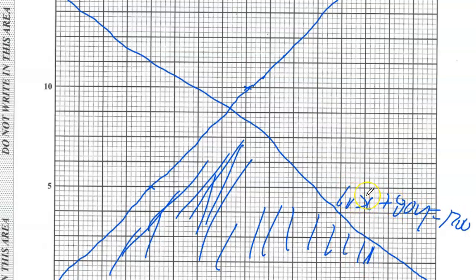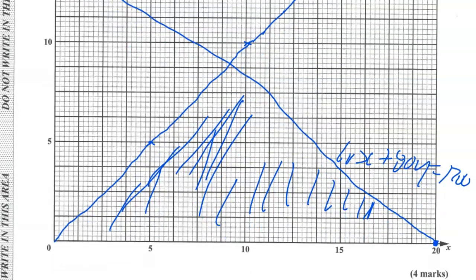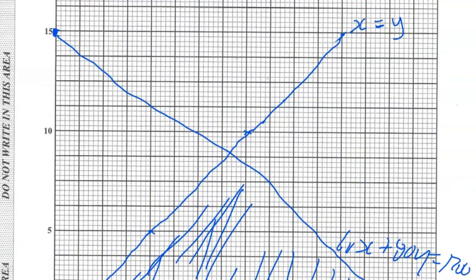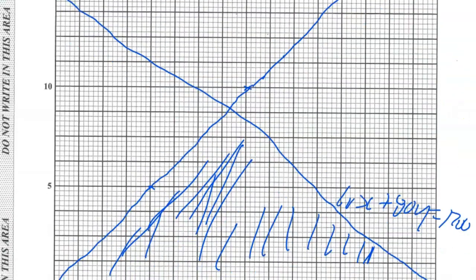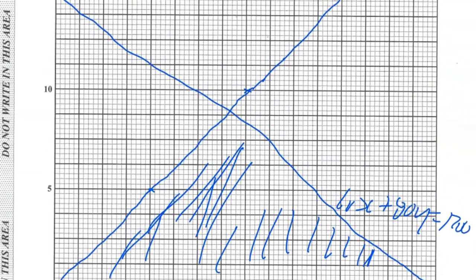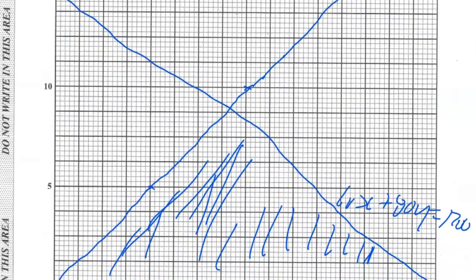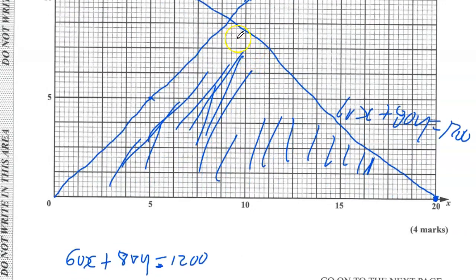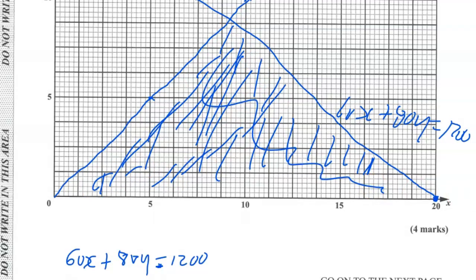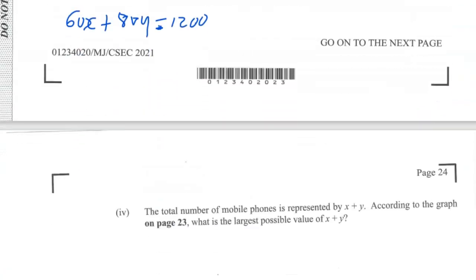And the inequality says less than, so it will be under the line. And of course, the other one will be under the line again. X is greater than or equal to y, same as saying y is less than or equal to x, which means that this would be the shaded region representing both inequalities.